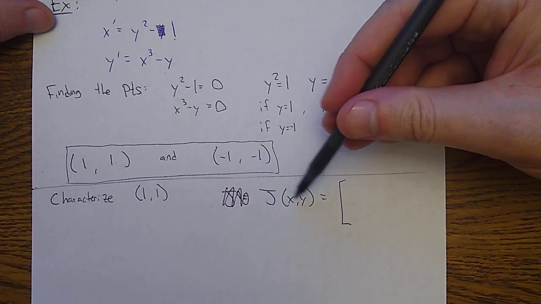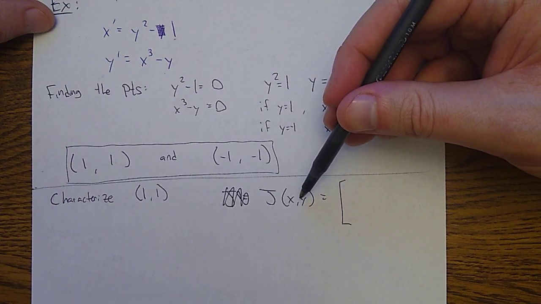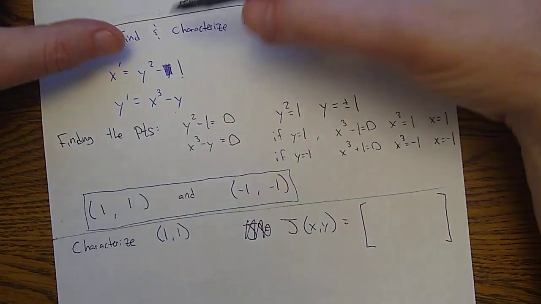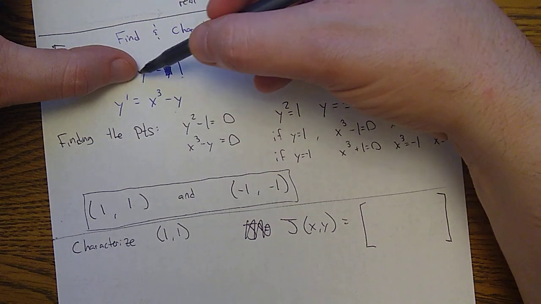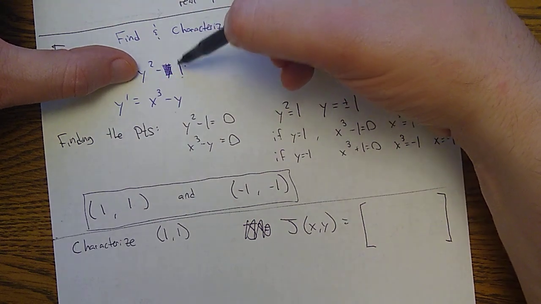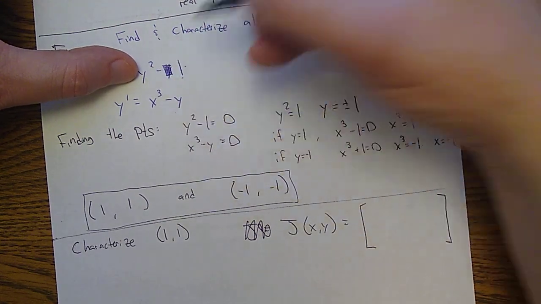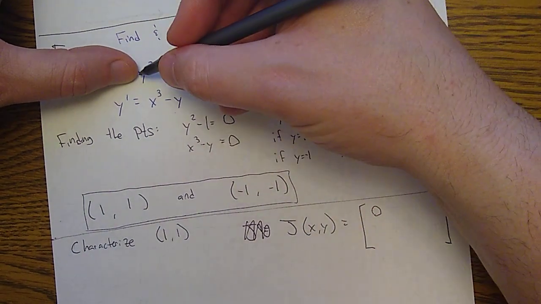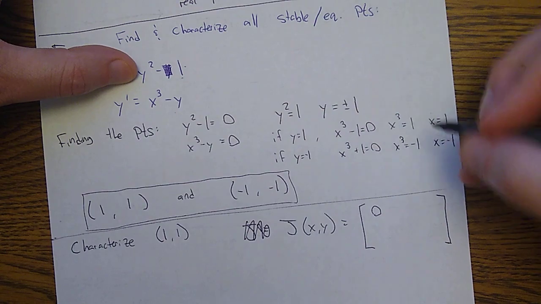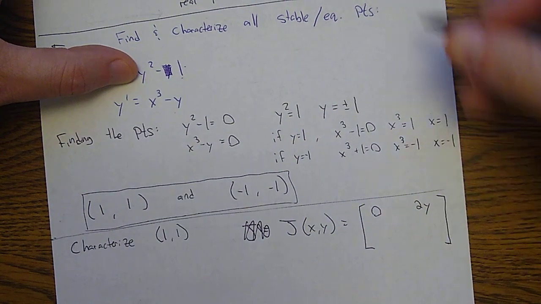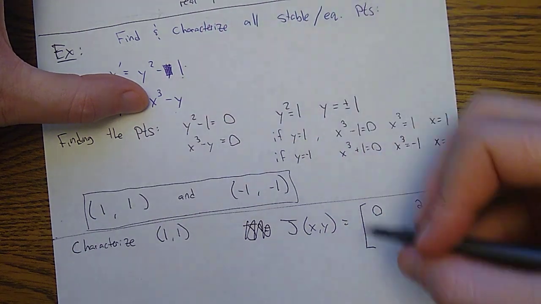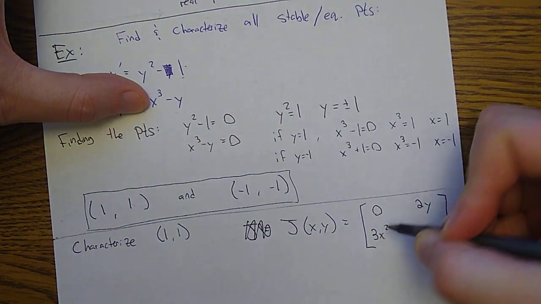So the Jacobian in general is a function of both x and y, and it's just this matrix of partial derivatives. So I go partial of this with respect to x. Actually, this doesn't involve x at all, so the partial derivative would just be 0. And then partial derivative with respect to y would be 2y. And then I move down here, partial derivative with respect to x would be 3x squared.